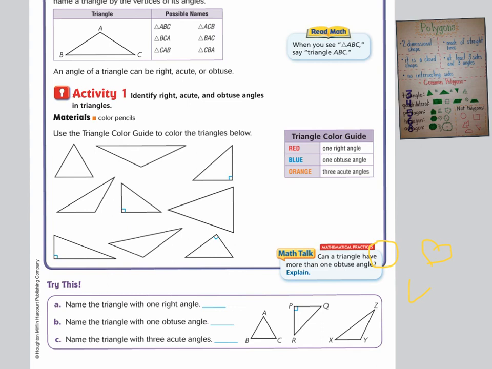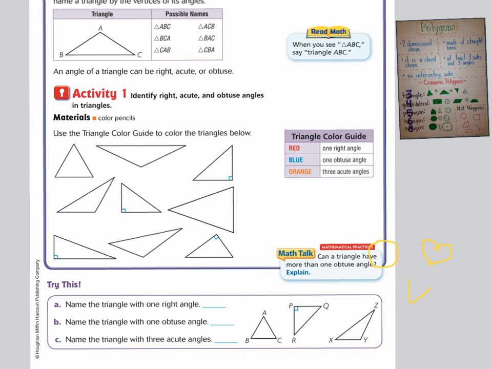Under the materials, it says use the triangle color guide to the right to color the triangles below. So I'm going to start with red. It says we're going to shade in any triangles that have at least one right angle.